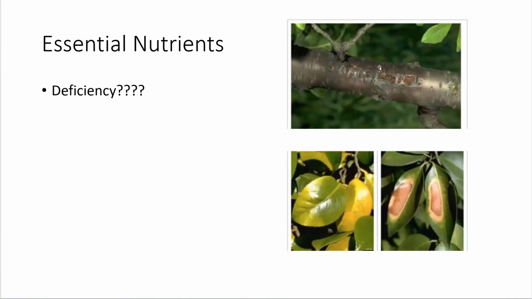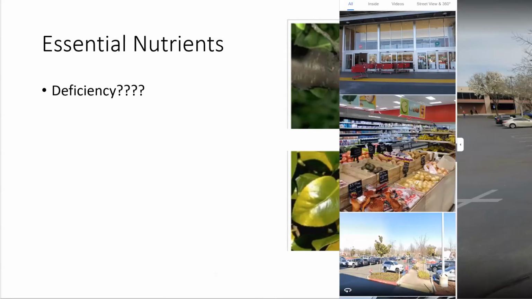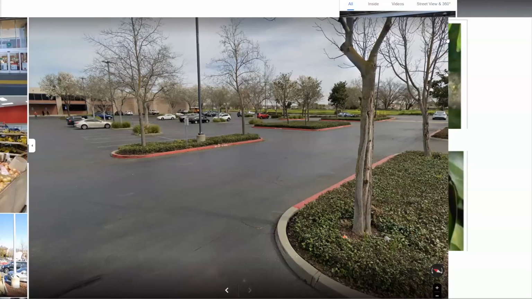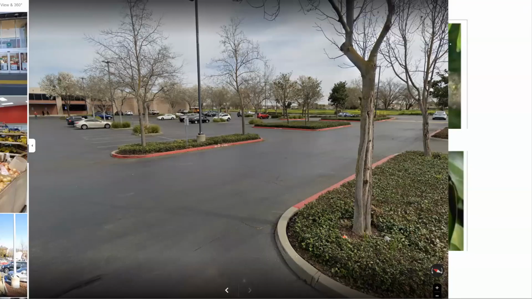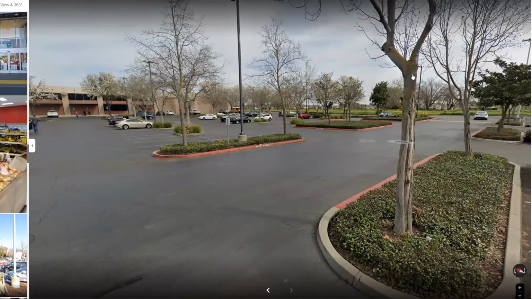Now, this right here, I see really often. I pulled up like a little, there we go. It's the shopping center by my house. And this is a great example. Here's what we've got. These are all tulip trees, Liriodendron tulipifera. Okay, so this right here is a tulip tree.